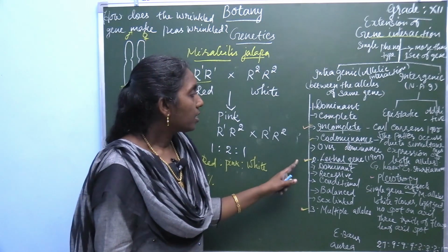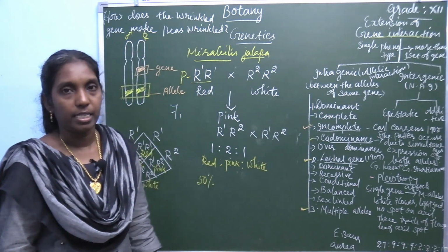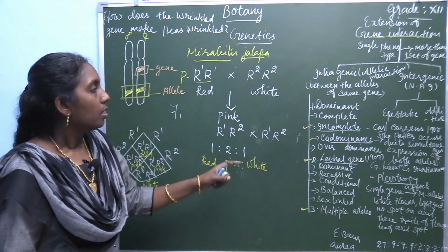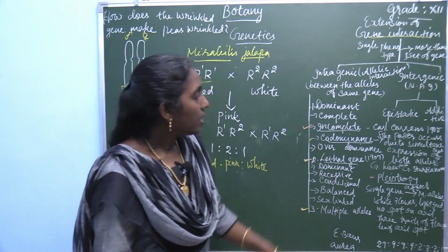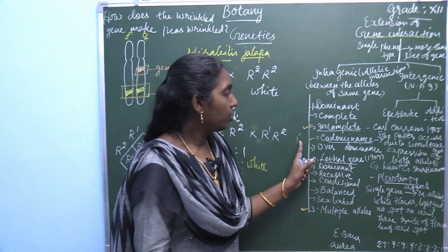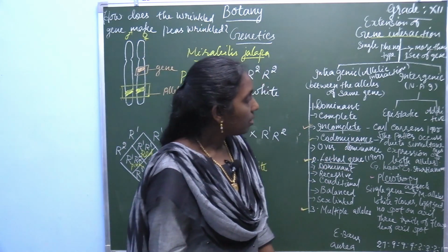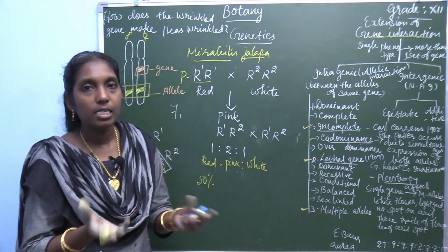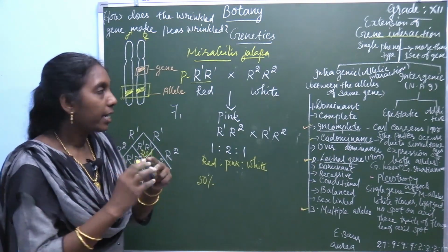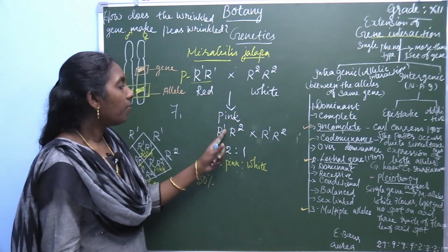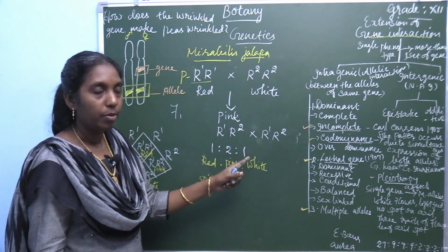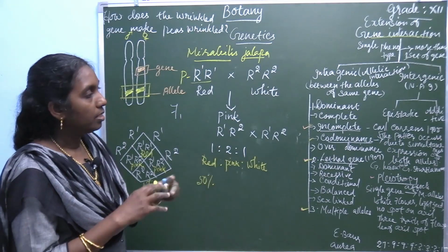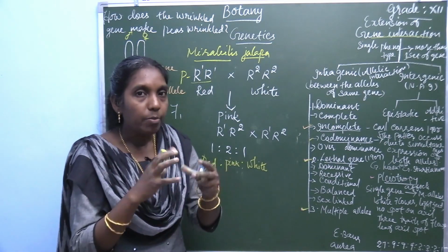And another example, codominance. Normally, codominance is defined as the pattern that occurs due to simultaneous expression. Both the characters are expressed. Here, half is expressed in incomplete dominance, but in codominance, both genes express together, simultaneously.